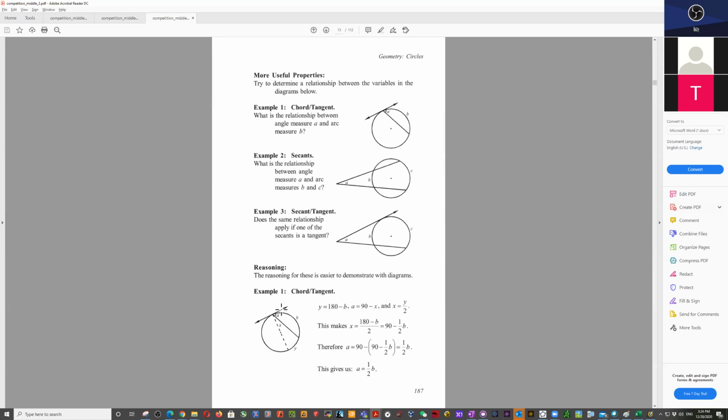This is the tangent line, and this is one chord. The angle formed by them, this is A. A is 1/2 of the cutoff arc from the tangent point to the other chord point.